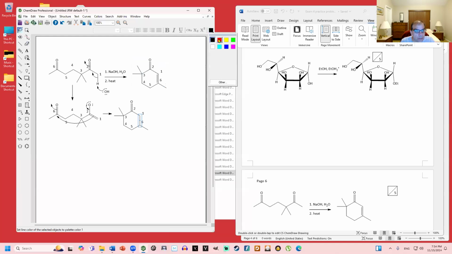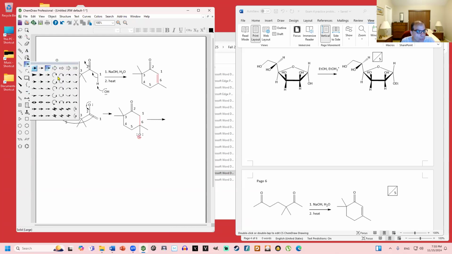And so this is the new bond we've just formed. It's the one that's destined to become a double bond in the product. And we're not done yet. I still have O- on that carbon. And so we'll follow the rest of the aldol condensation mechanism through.